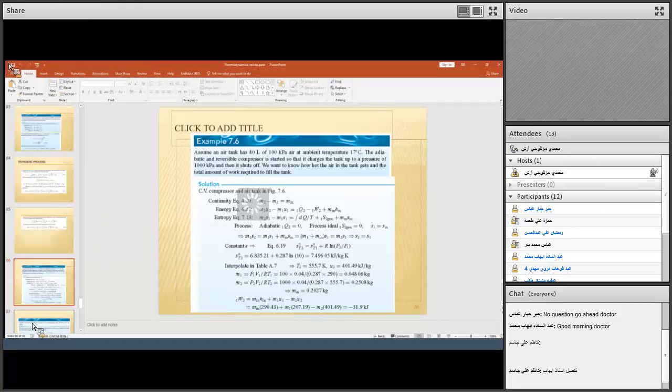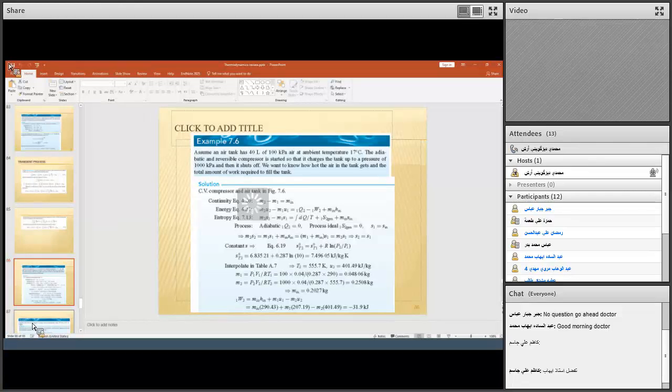And the other is the second law of thermodynamics: M2S2 minus M1S1 equals the integral of differential Q divided by T plus entropy generation between state 1 and 2, plus the mass of inlet times the entropy at the inlet temperature.